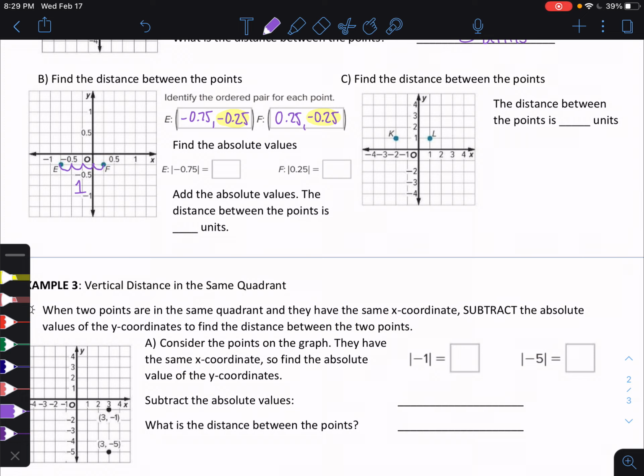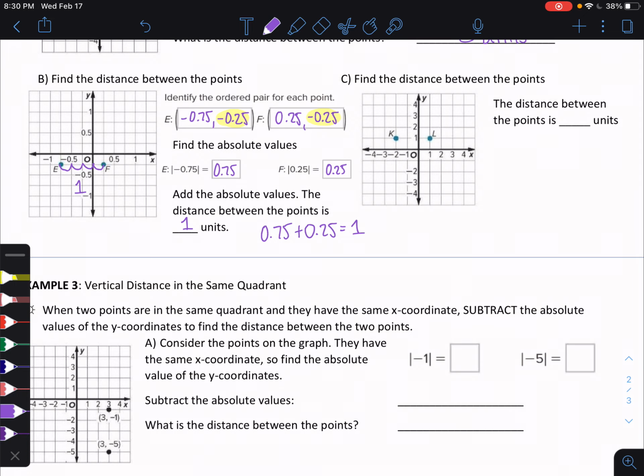The absolute value of -0.75 is +0.75. And the absolute value of 0.25 is the same, 0.25. So I'm going to add those together. 0.75 plus 0.25 is 1. So the distance between the points is 1 unit. And again, counting them on the graph and doing the absolute value should give you the same result.